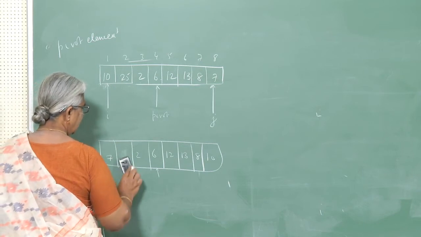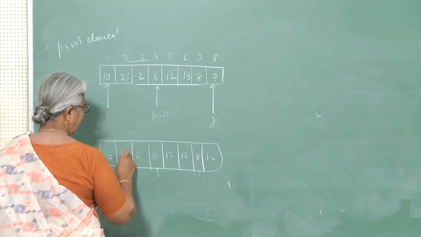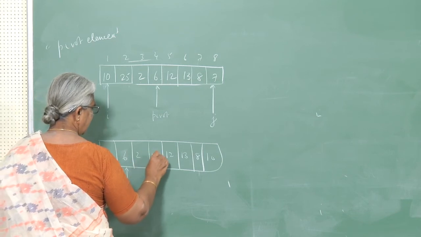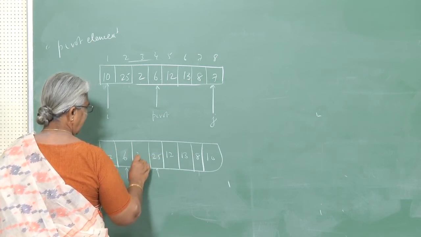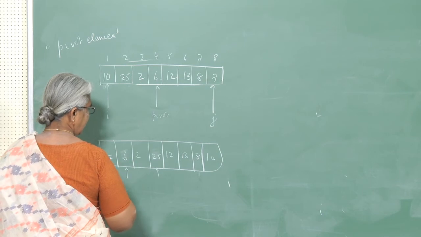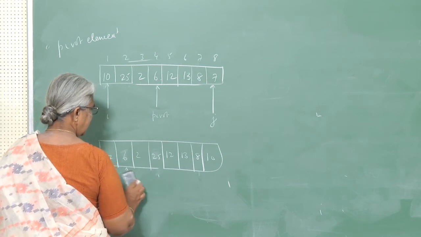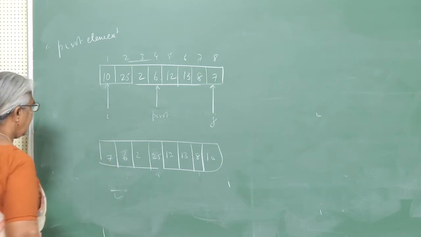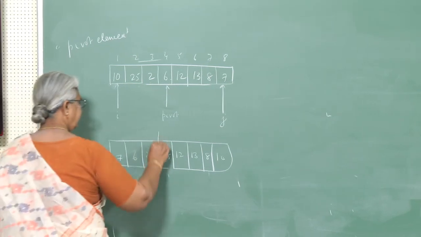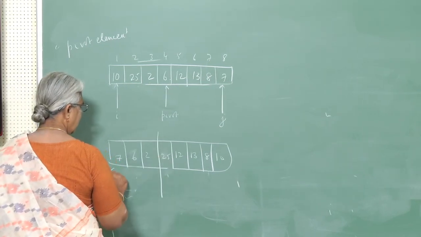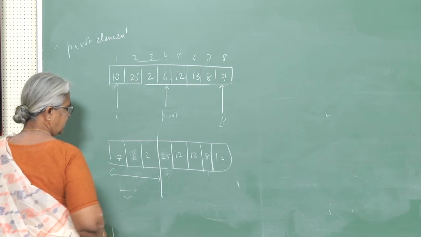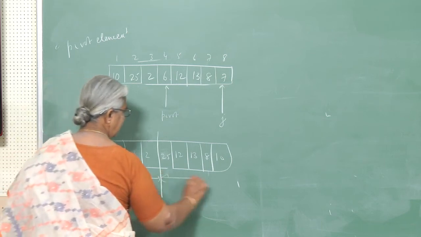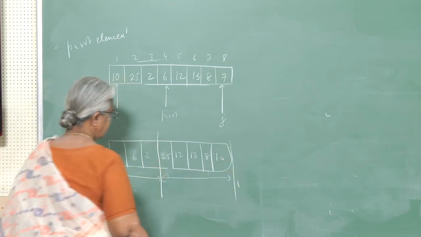So 25 will move here and 6 will come here. Then I come across this, and clearly this is smaller than 6, so I leave it as it is. Now this divides the array into 2 parts, where one part consists of elements which are less than or equal to 6, and another part consists of elements which are larger than 6.